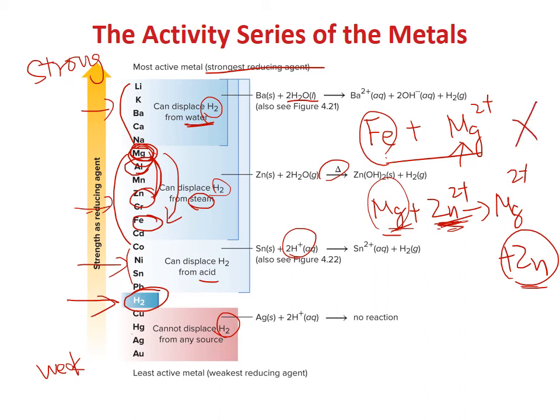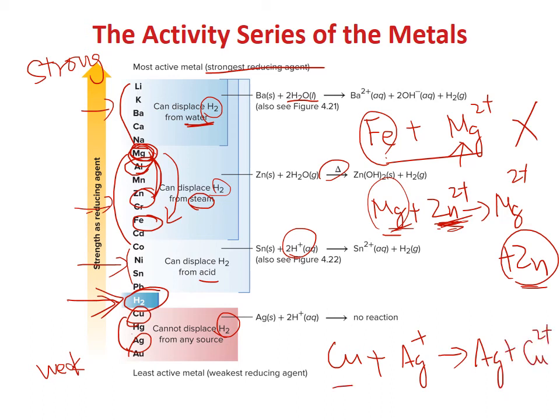Now, another example is copper and silver. Although these two metals are weaker reducing agents than hydrogen, and they cannot displace hydrogen, because copper metal is a stronger reducing agent than silver, it can reduce silver from its cation solution, so it becomes silver metal, and copper becomes copper 2+.